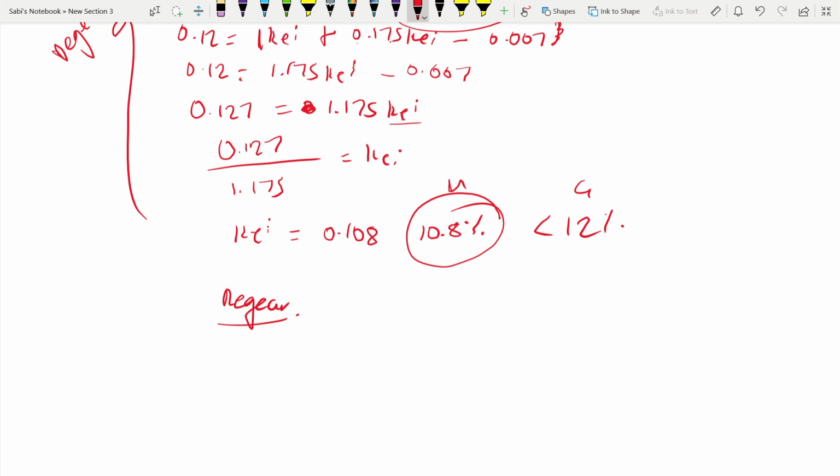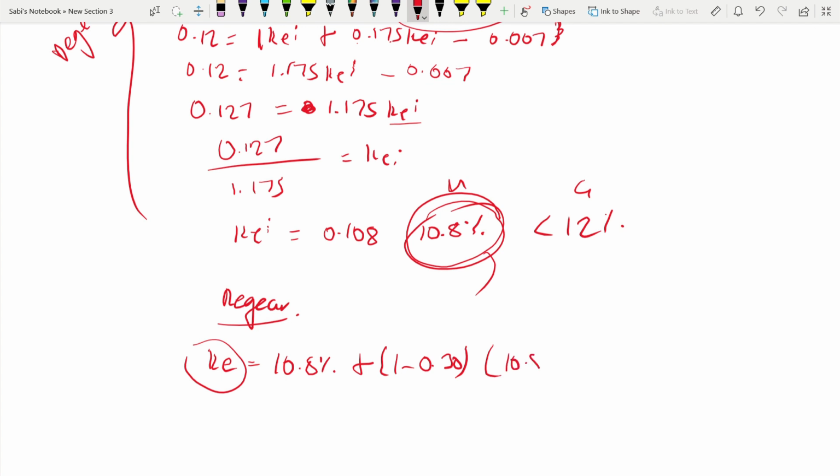So now you have to find the cost of equity, KE. You first find out this 10.8%. Using this you will find KE now. So what is your KEI? Using the formula, 10.8% plus (1 minus tax 30%) into (10.8% minus KD), this is ungeared, this is your debt.